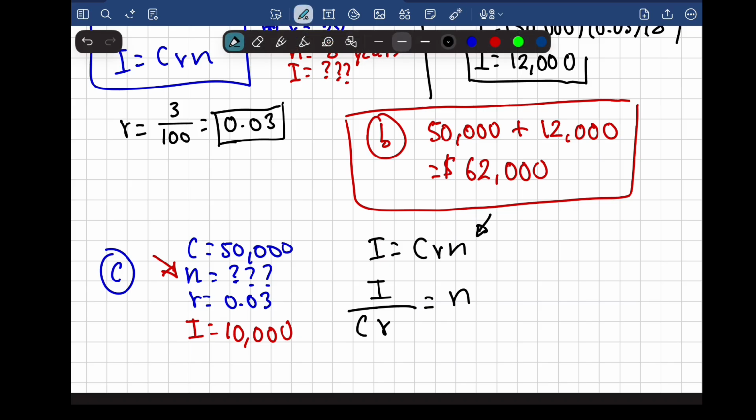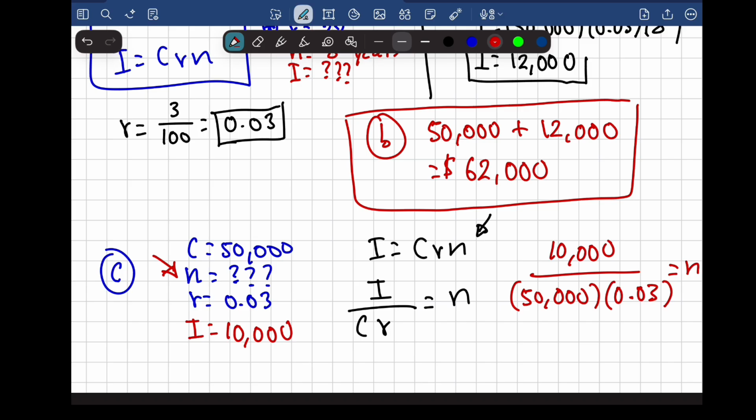So now we need to solve the equation. We have the interest, 10,000, divided by the capital times 0.03, the interest rate, equals n. So we can do this: 10,000 divided by 50,000 times 0.03.